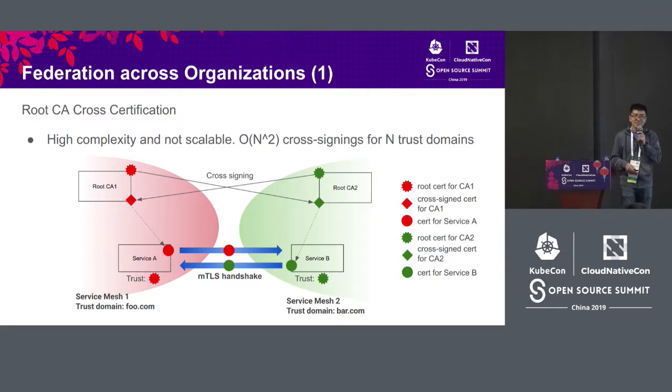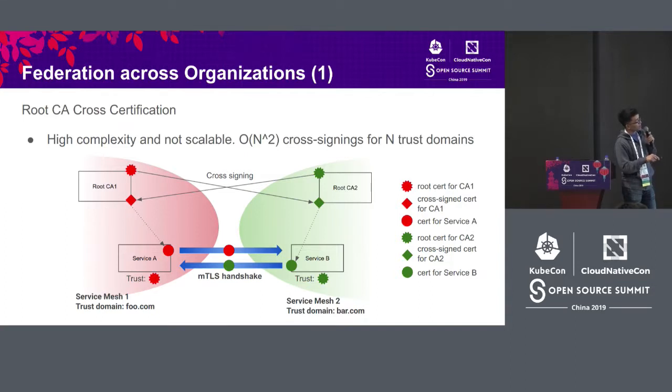Talking about mesh federation, some of you might think, okay, we may be able to cross-sign the root certificates so that they can build a different certification chain to enable their mutual trust. So how this works: root CA1 signs the public key of root CA2 to generate a new intermediate certificate.